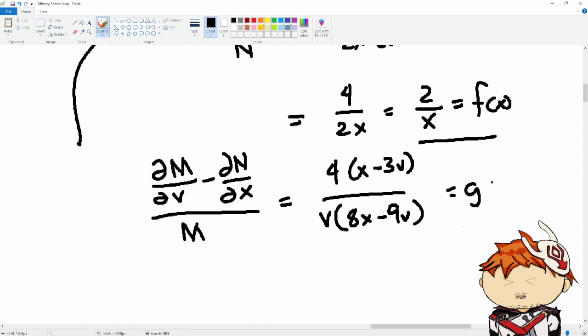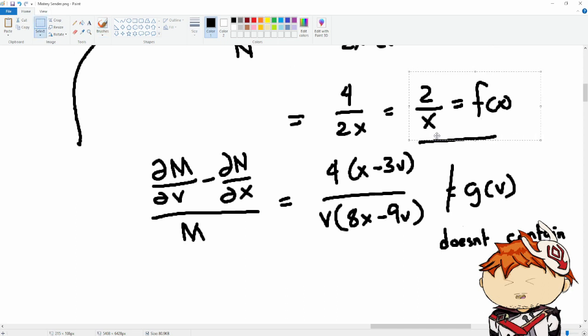It's not a common multiple. If we check g of y, it's not a b variable only term. It contains x and b. It doesn't contain only b, meaning you cannot use case 2 as an integrating factor.